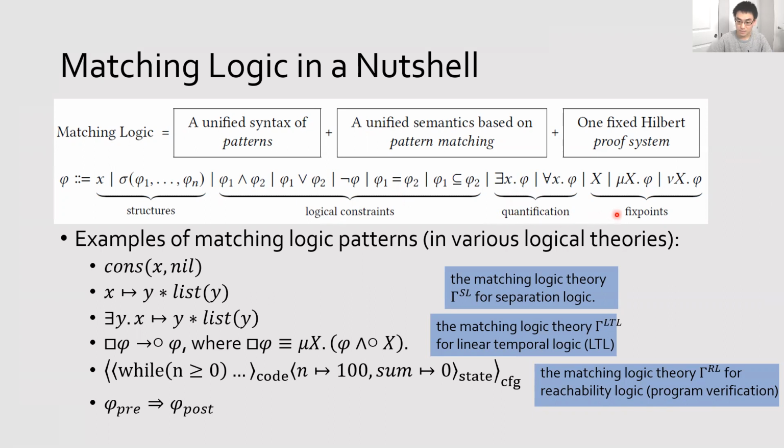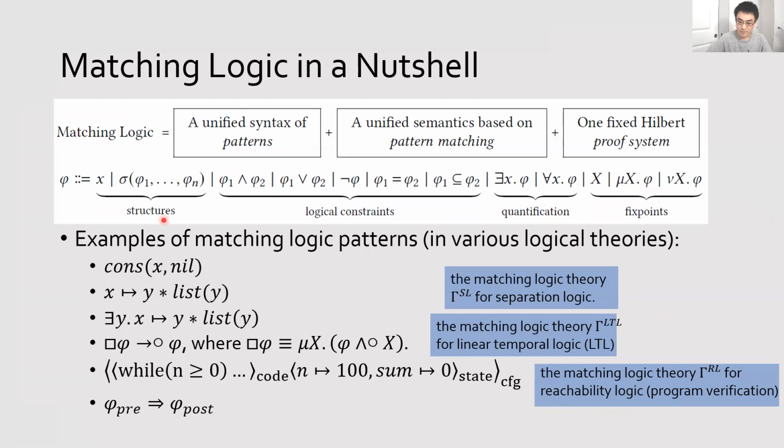In some sense, the syntax of matching logic combines the first-order logic syntax of terms and formulas, which gives us more flexibility. On the semantics, matching logic has a pattern matching semantics, and this is the core concept in matching logic. It means that the semantics of a pattern is the set of elements that can match it.